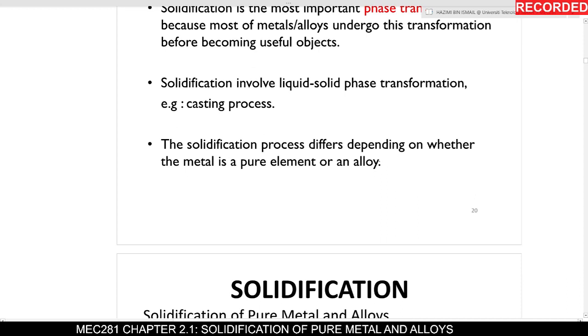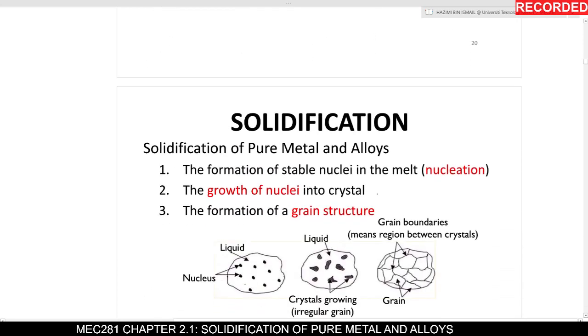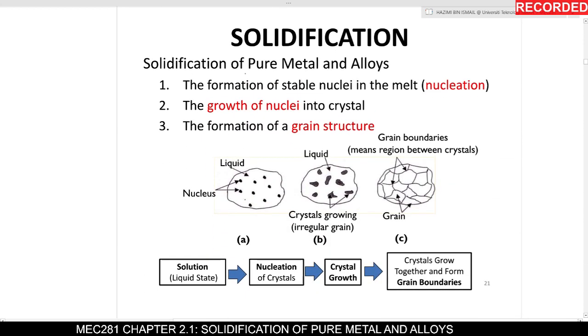Okay, we have to look at each one by one. Either it is a pure element, without additives, or an alloy. Okay, in this case you look at the formation of stable nuclei in the melt, nucleation, solidification of pure metal and alloy. We also have to look at the growth of nuclei into crystals, and the formation of grain structure.